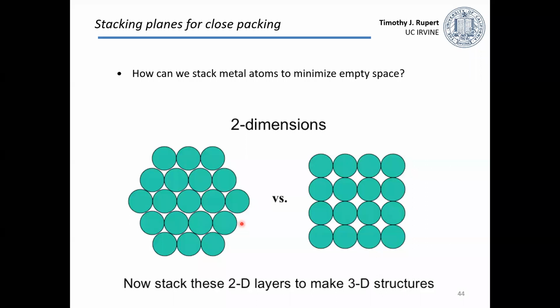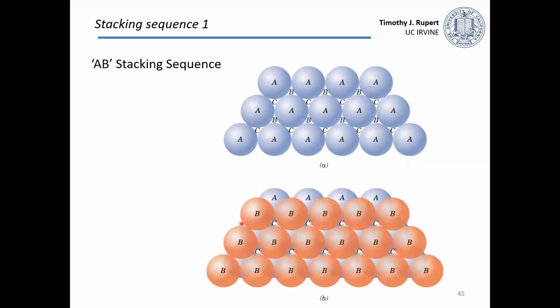Now we can think about starting to build up a solid 3-dimensional material out of these layers. So if I start with a layer with that packing, I'm putting atoms at what I call A sites. I then can start to add on my second layer of atoms with that same packing structure. Now, if I put them right on top of the A atoms, it's not going to be very efficient. I'm going to have a lot of open space.